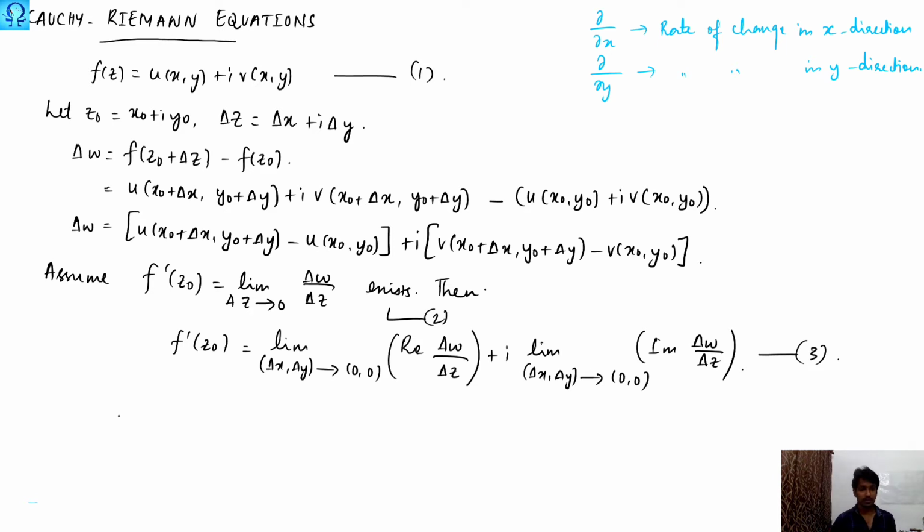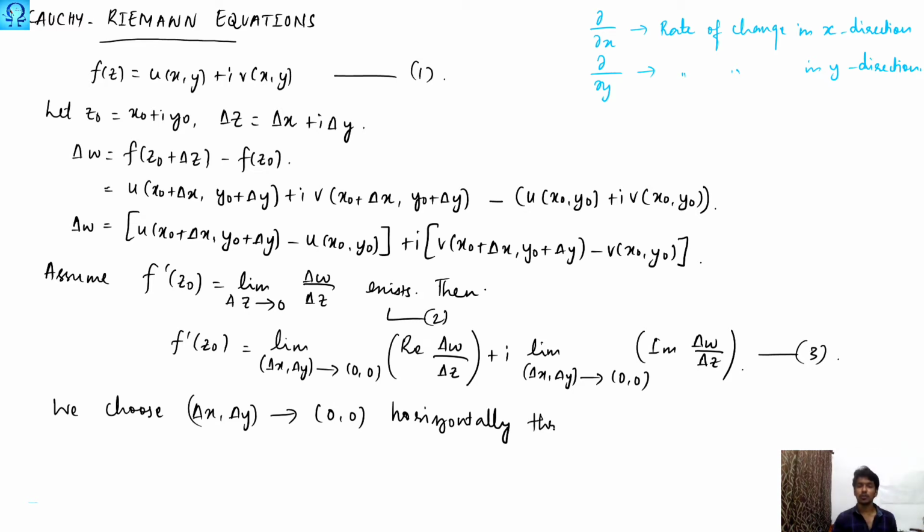It is important to keep in mind that expression 3 is valid as delta x, delta y approaches 0, 0. Now we choose delta x, delta y to approach 0, 0 horizontally. If it approaches 0, 0 horizontally, through what points?